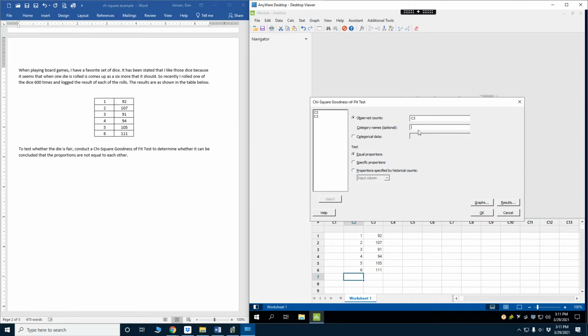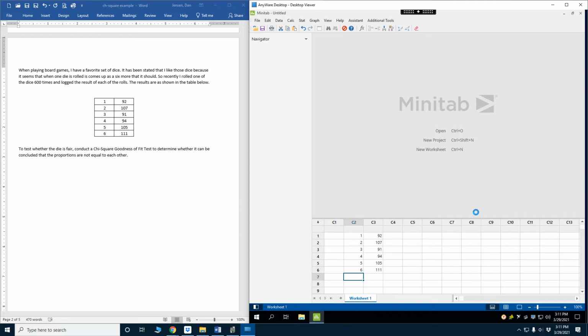The category names, if we would like, this was my reason for putting things into C2. I could put those category names in there. And one nice thing about Minitab is it asks, are your proportions expected to be equal? In this case, yes, they're expected to be equal. Minitab, unlike the TI-84 graphing calculator, will do that calculation for us. So I can just say equal proportions, click OK.